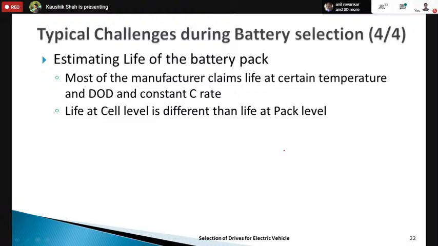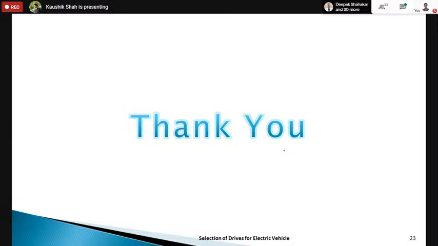This is another big challenge in terms of selection of battery. But let me tell you that when the cell manufacturer says something and the reality, there are a lot of differences. Okay, and that will change your equation dramatically. So this is what I would like to highlight. Life at cell level is different, which is what I mentioned. And that's all about this.